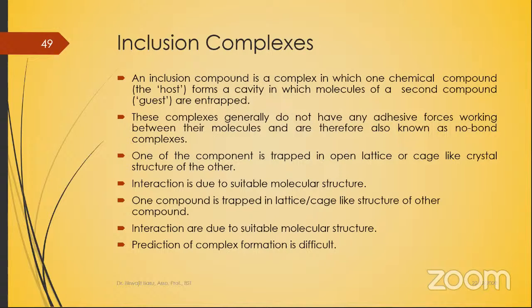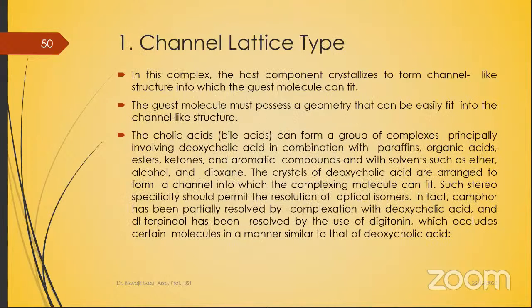Prediction of complex formation in this case is difficult. In this complex, the host component crystallizes to form a channel-like structure into which the guest molecule very easily fits. The guest molecule must possess a geometry that can easily fit into the channel-like structure.